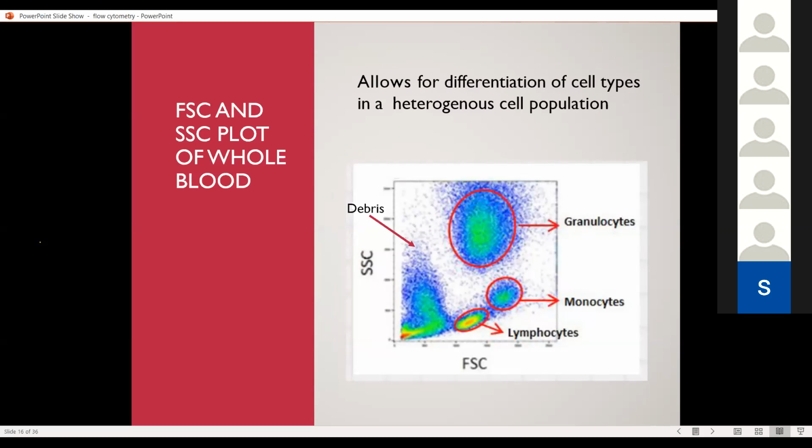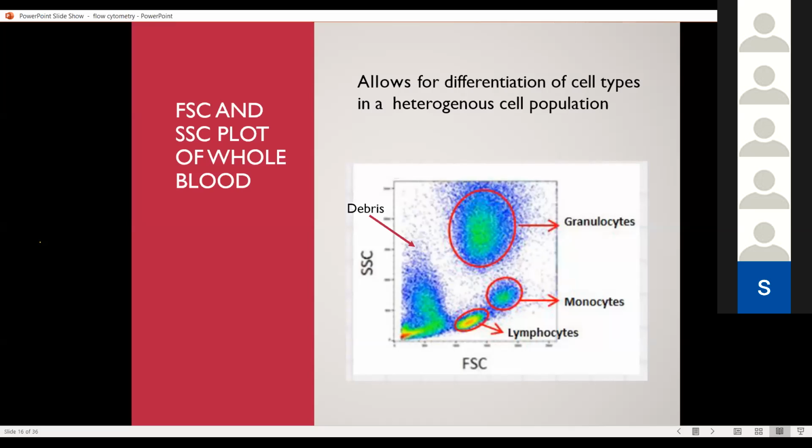This is a flow cytometric plot which is analyzed for different cells present in blood. This is side scattering. As you can see, this is the side scatter on the y-axis, and on the x-axis there is forward scattering. You can analyze it.